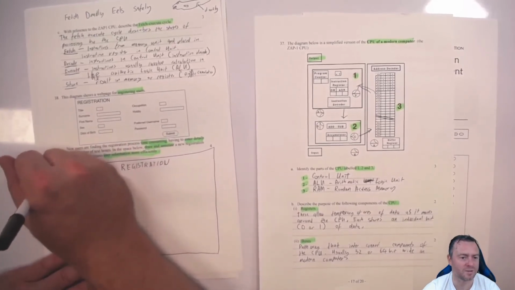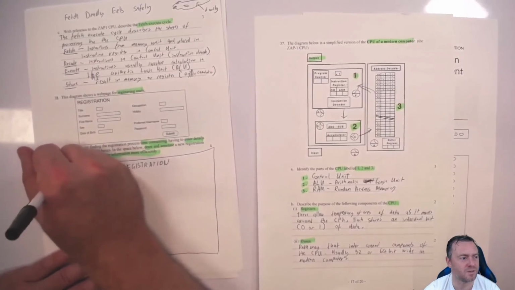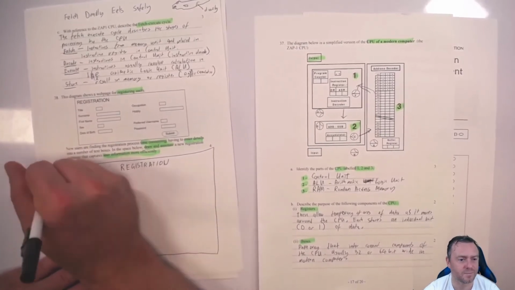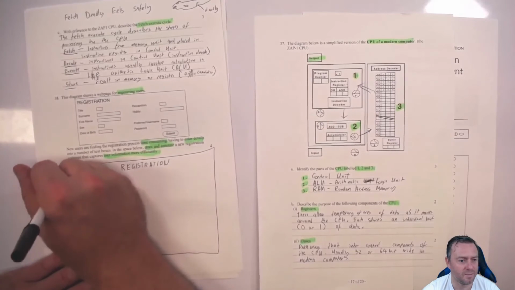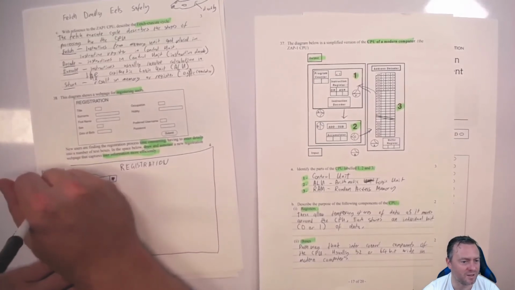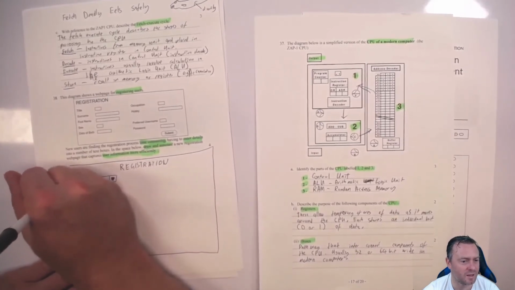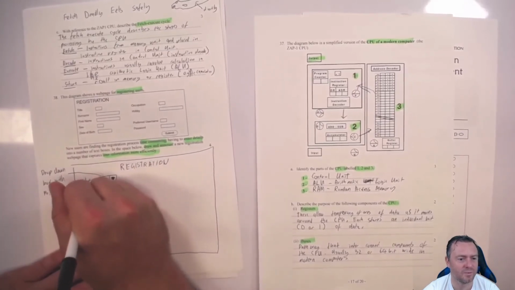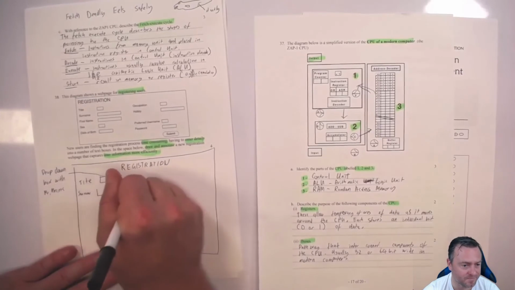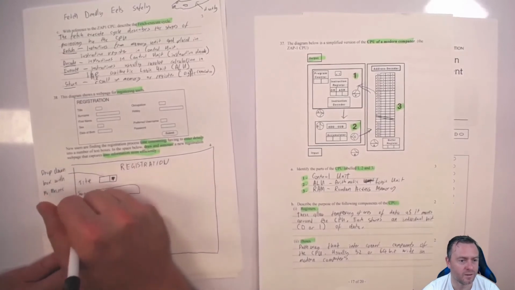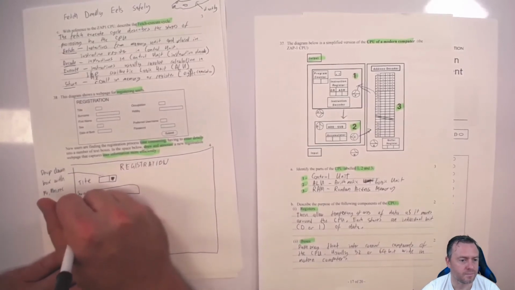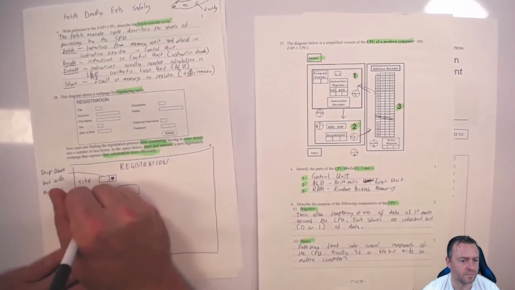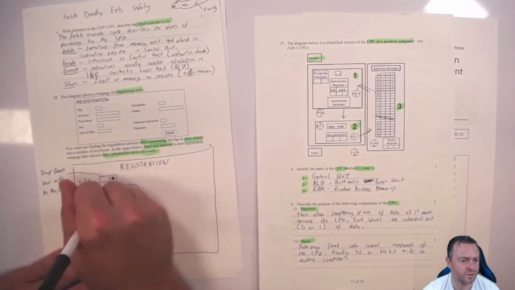So drop down box, and you can have Mr., Mrs., etc. The surname, same thing. You can't really do anything specific with that. So that would have to be just a normal text box. So surname would just stay the same. Same with the first name. So first name would be the same.